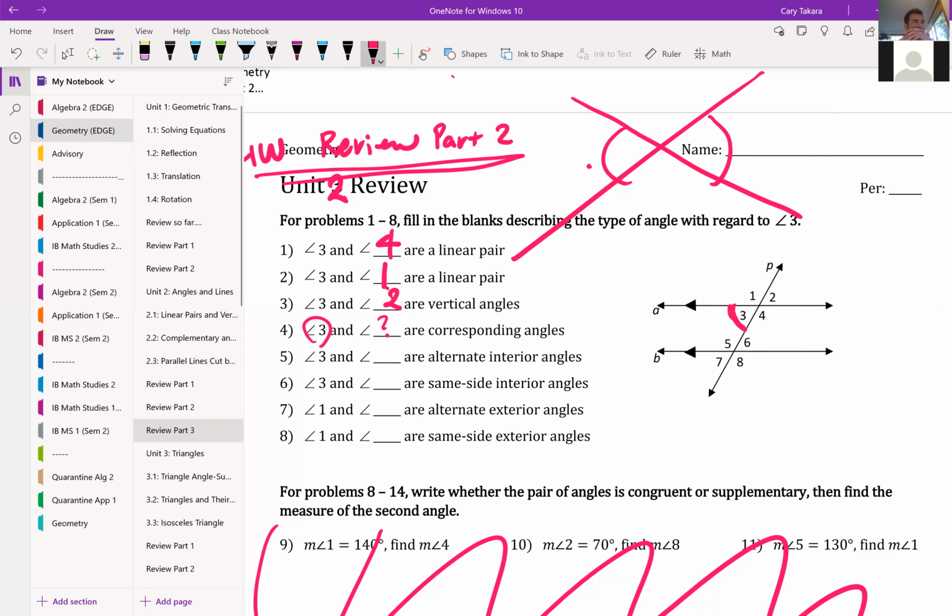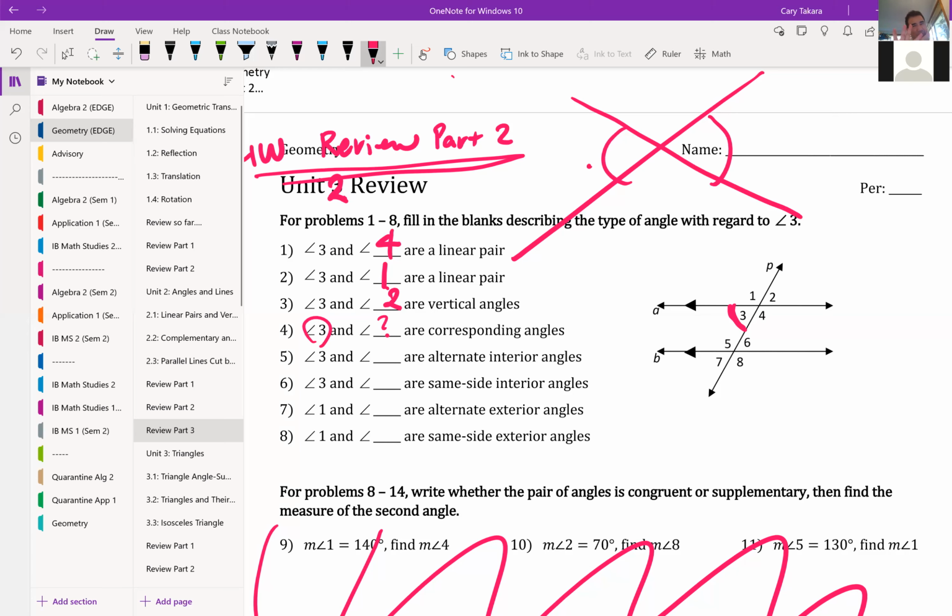Very good. Anybody else? 3 and what are corresponding angles? Very good. Thank you. Anybody else? Anybody new people? I know we hear from the same people, which I'm grateful. Keep doing that.